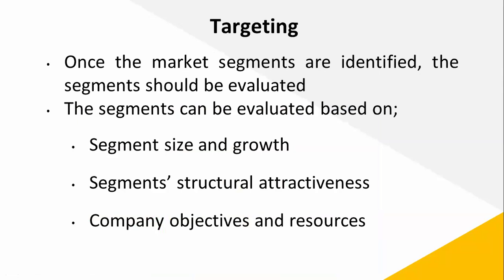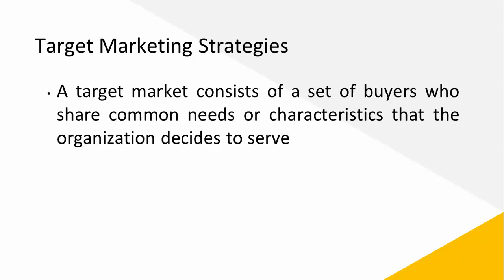So once the market segments are identified, you are evaluating the segment, right? So you can evaluate the segment based on its size, growth, the attractiveness, and the objectives, goals of your company, your brand. So you evaluate each and every segment. And then you select a particular segment for your product. This is called the targeting, right?